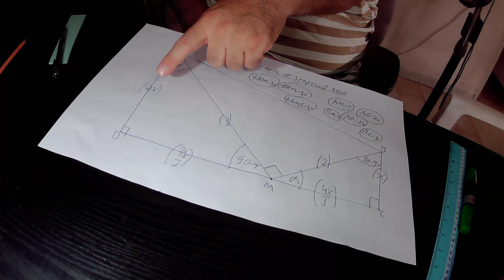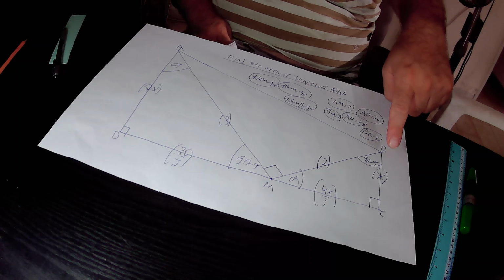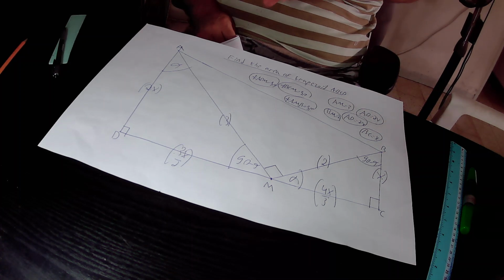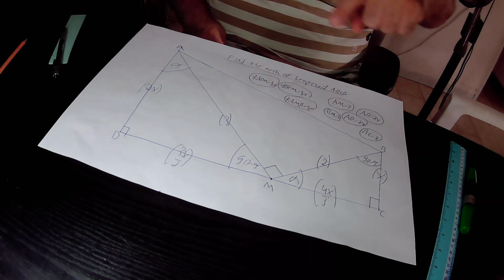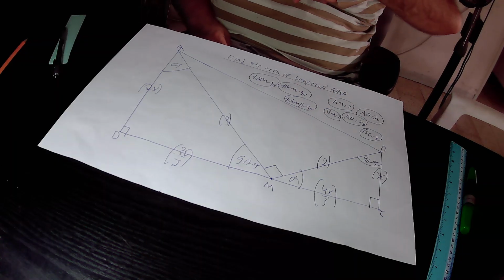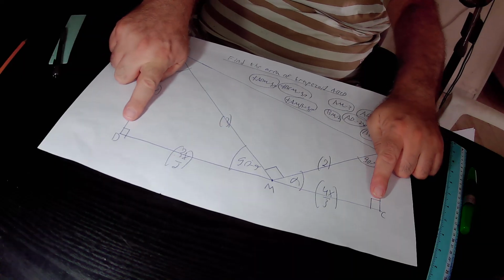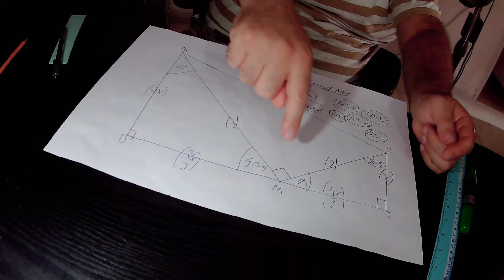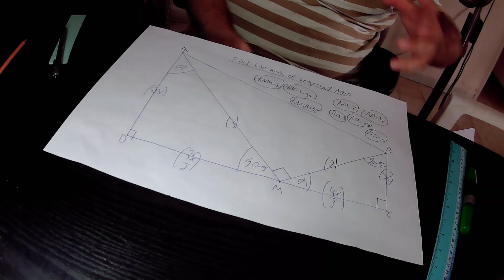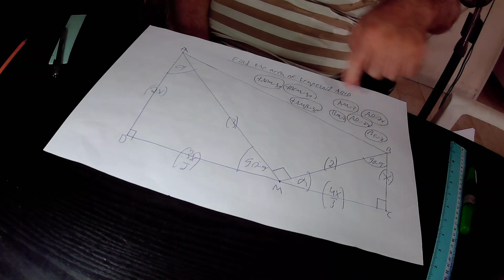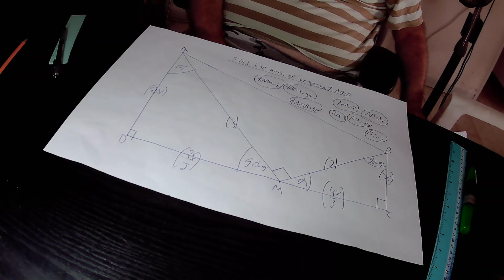Side AD equals 2x units, side BC equals x units. Line AM equals 3 units. Line PD equals 2 units. Those two angles are right angles, and this angle at A and B is also a right angle. Again, our mission is to find the area of this trapezoid ABCD.